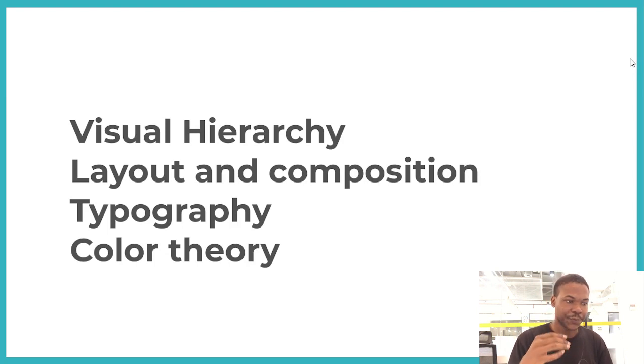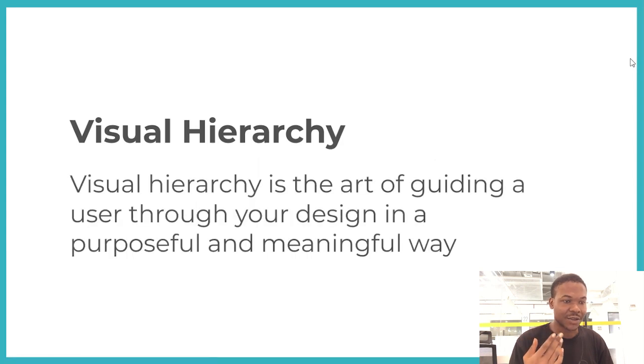So, visual hierarchy is the art of guiding a user through a design in a purposeful and meaningful way. What this means is that visual hierarchy is basically about telling a story with your design, guiding the user's eyes to follow a path that you wish them to follow, a path that makes it easy for them to understand what they are viewing.